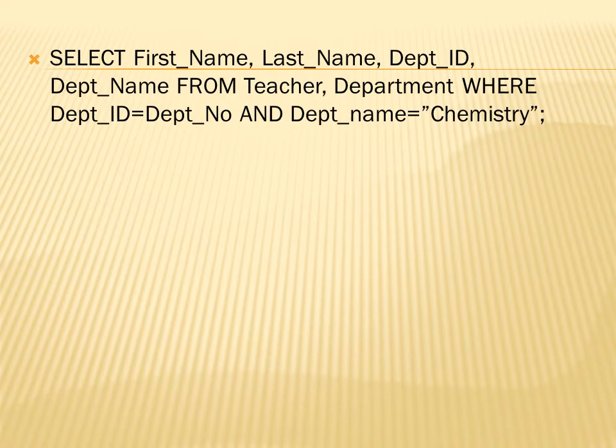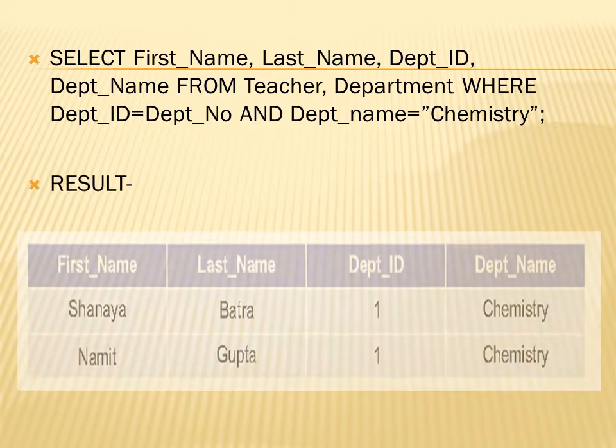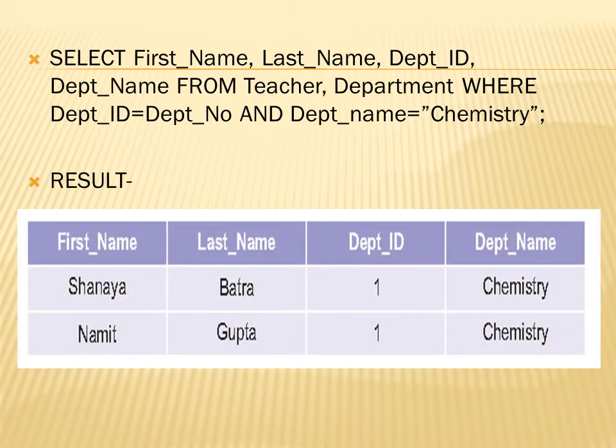Next one, select the first name and all the same attributes from teacher, department, where department id is equal to department number and department name is equal to chemistry. Okay, same thing is there, but you want to find only the details where the department name is chemistry. So if you write like this, you get the output like this.